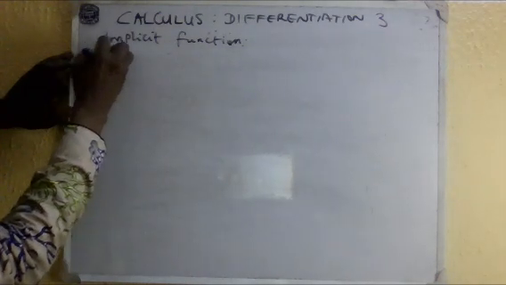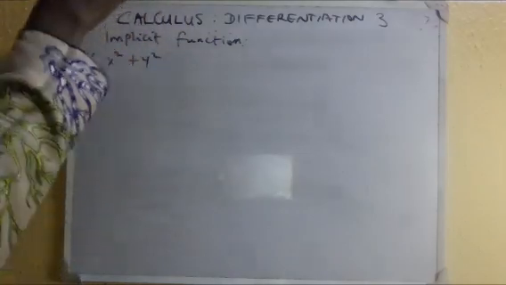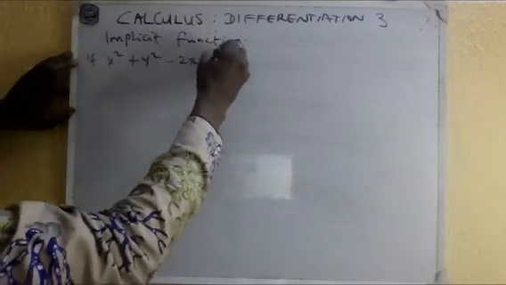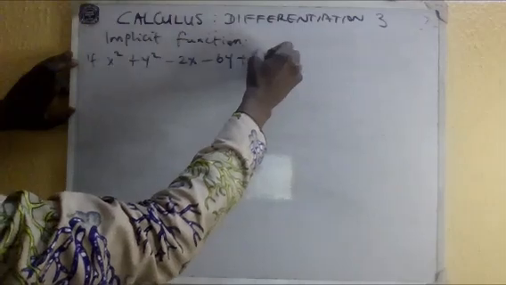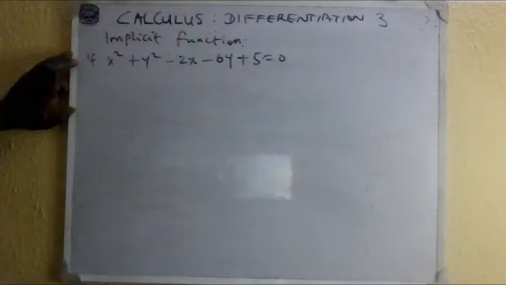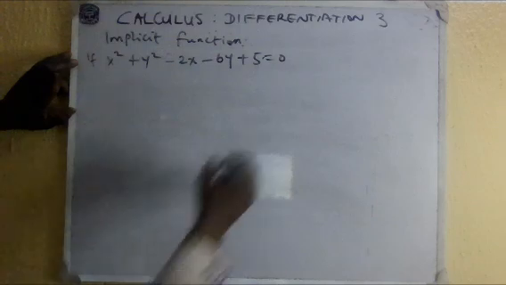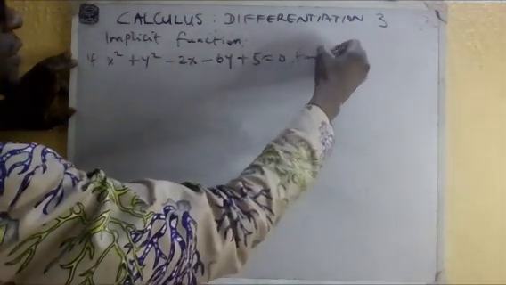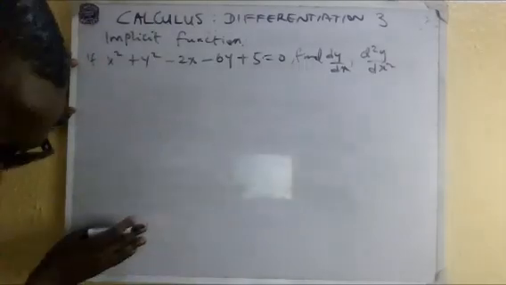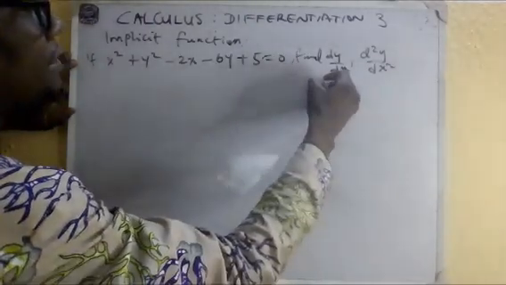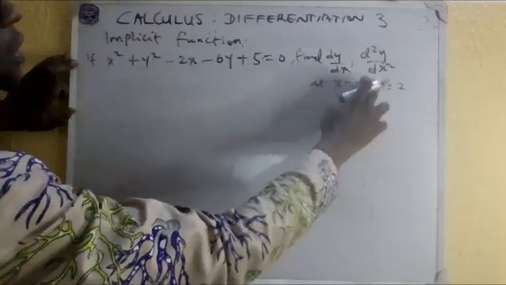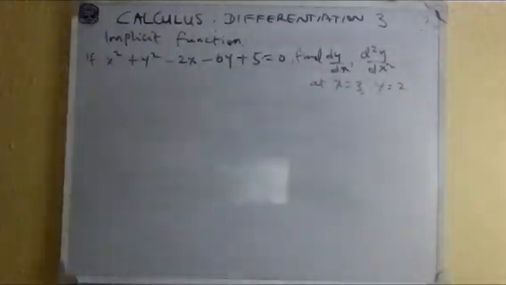If x squared plus y squared minus 2x minus 6y plus 5 is equals to 0, find dy/dx and d2y/dx squared when x is equals to 3 and y is equals to 2. So this is the question.